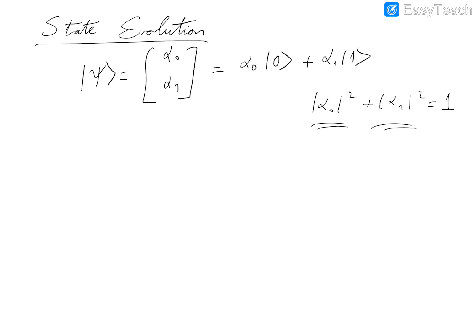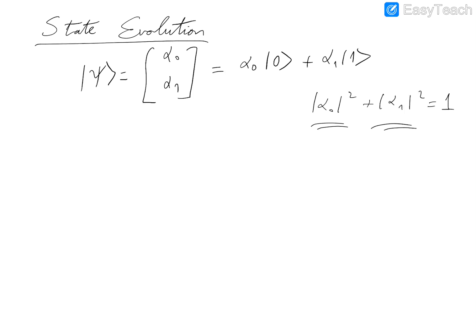In classical probabilistic computation, a state in a probabilistic machine can be in one of the basis states, but it can't be in all basis states simultaneously. So this is one difference between classical probabilistic systems and quantum systems.